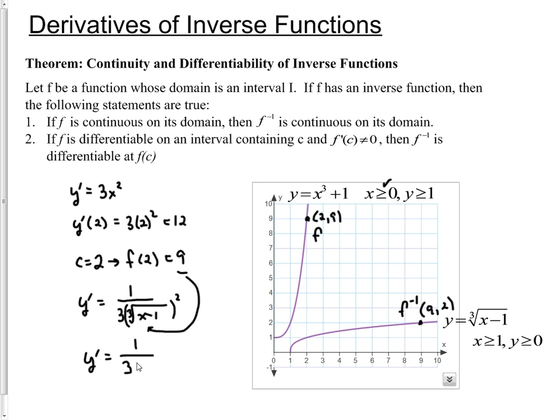Well, the cube root of 9 minus 1 squared is the same thing as 2 squared, so we would get 1/12 as our slope in that case.